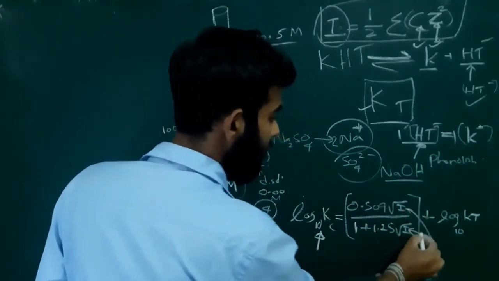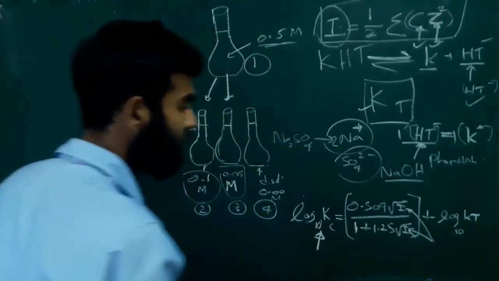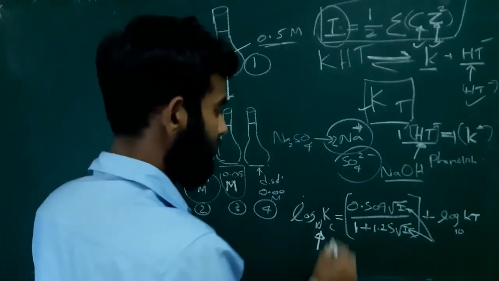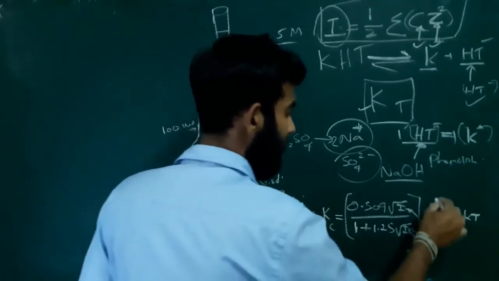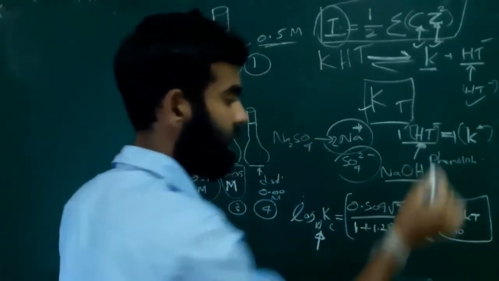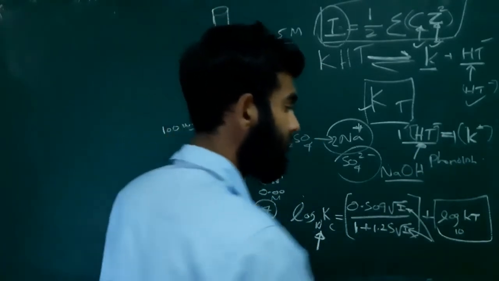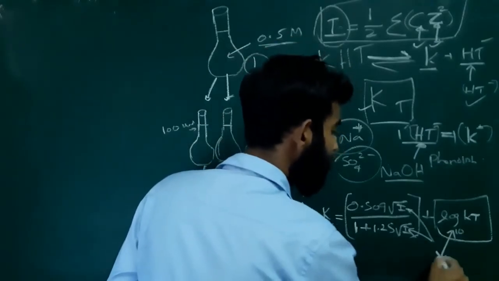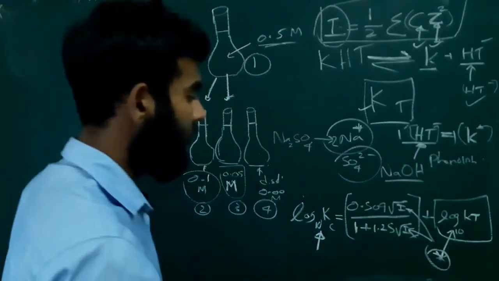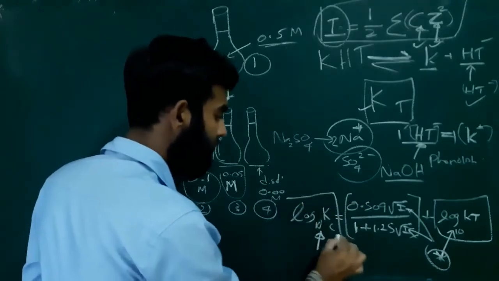By calculating I and this Kc, we can plot a graph. From the intercept of this graph, we can calculate Kt. We can get that value from this graph. So our aim is to calculate Kc.